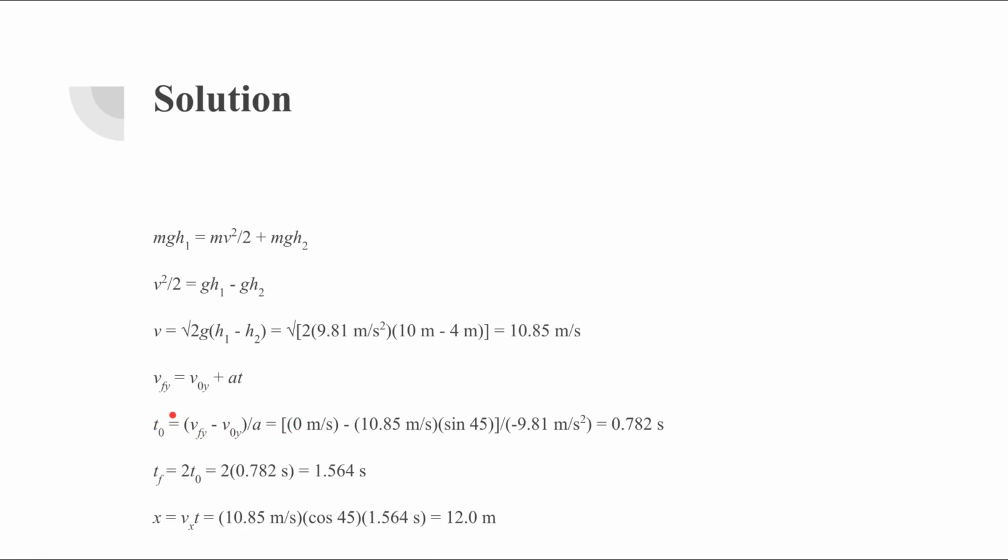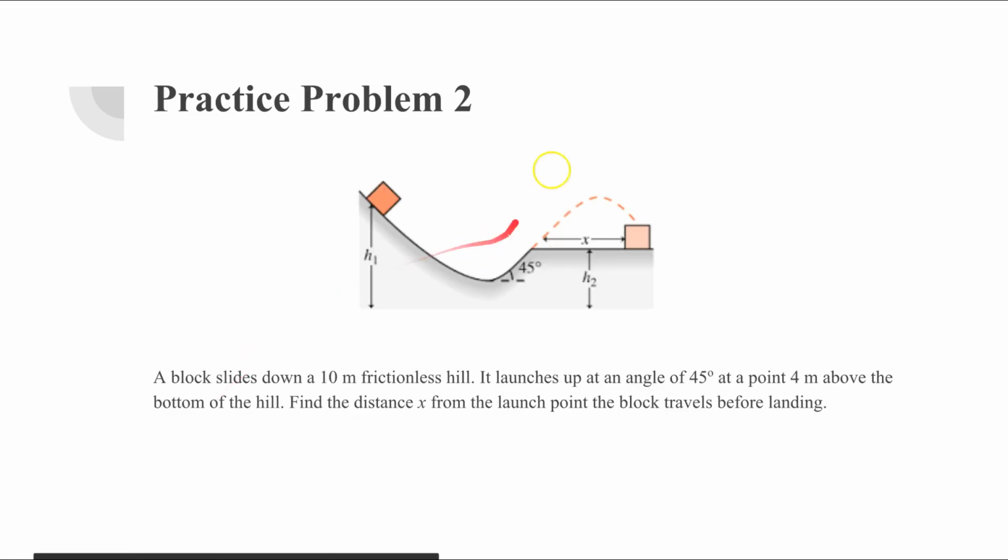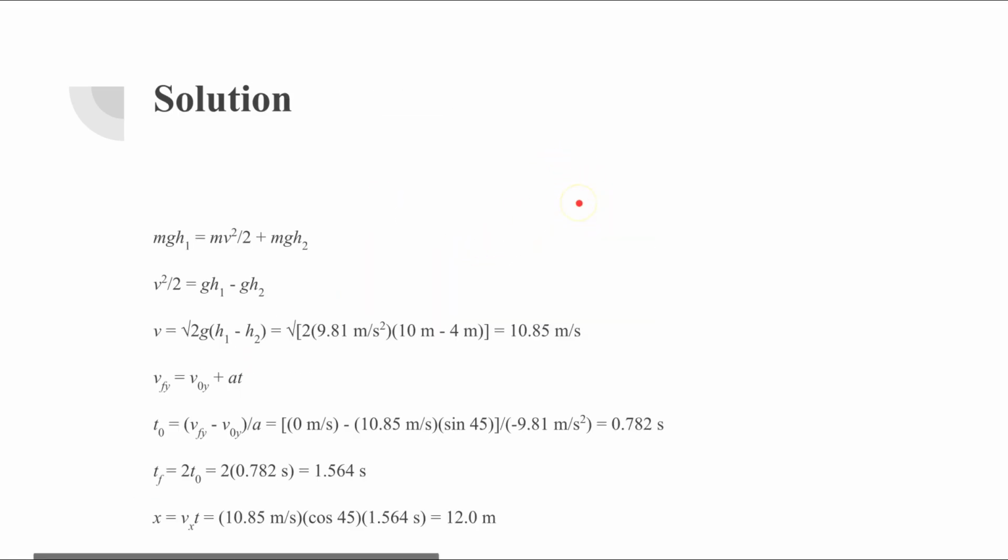Use the sine ratio. Look at my video for kinematics for more about that. Divide by negative 9.81 meters per second squared, acceleration's downward, which is equal to 0.782 seconds, right? So the actual time, t_f, will be twice that, assuming this symmetry over here.